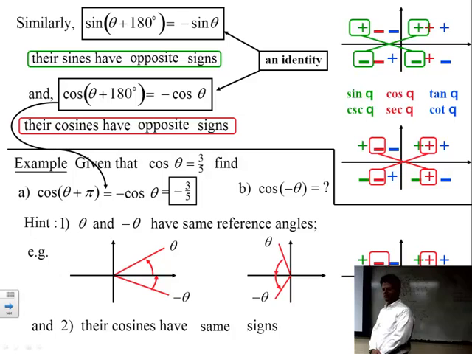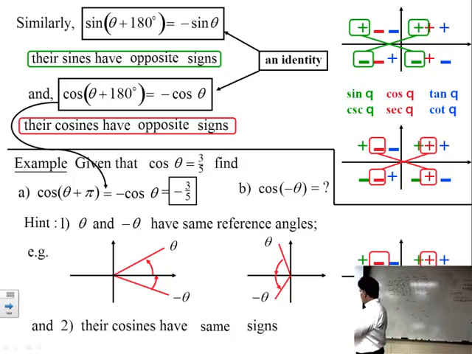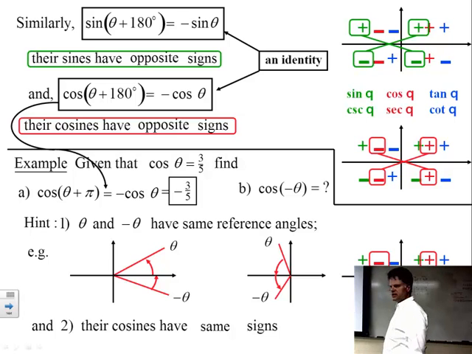Yeah, it's negative sine of theta, because now they have the same reference angle, but the algebraic sign of the sine function flips as you cross the x-axis. Because the y-coordinate, the sign of y, goes from positive to negative and vice versa. So sine of negative theta is actually negative sine of theta.